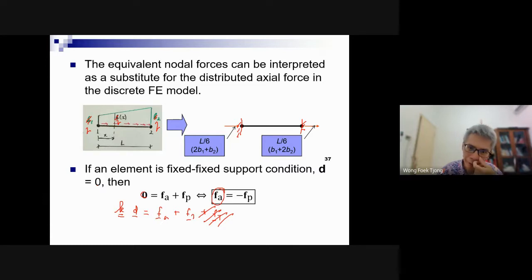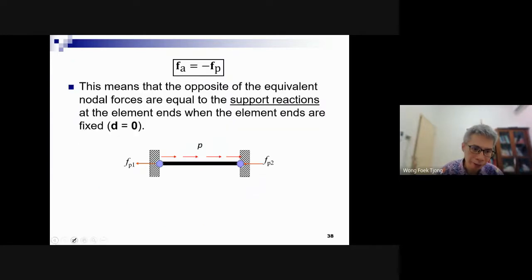What does it mean? What is FA? It means the applied nodal force, or the support reaction here, is equal to minus the equivalent nodal force. In other words, I can write like this. The opposite of this one is equal to the support reaction. It means if we have the force like this, and then we compute the equivalent nodal force, and then negative, the sign becomes to the left.